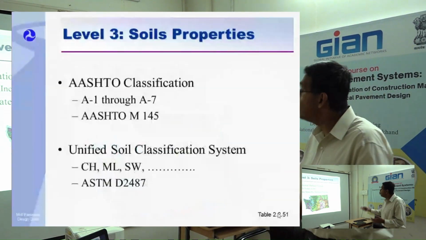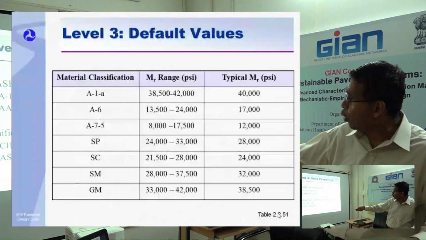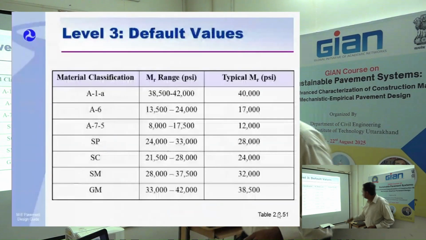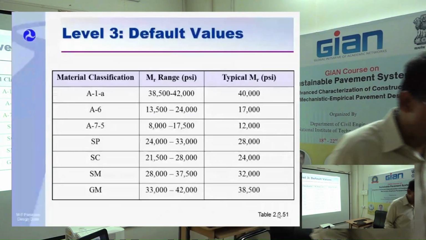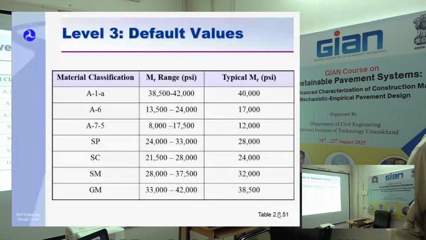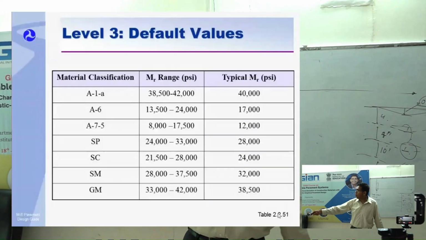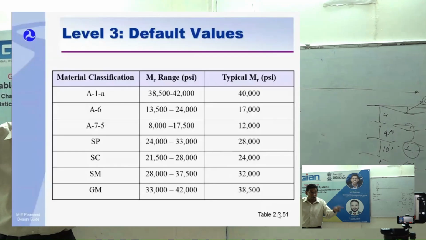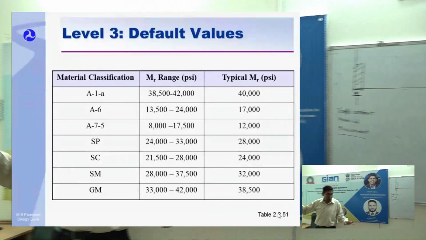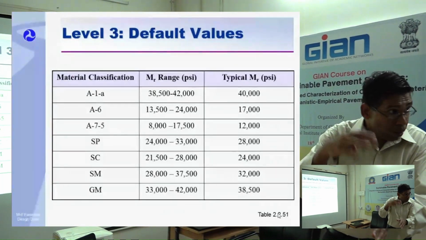You can estimate your A1 through AM, use the soil classification, and get the modulus value. If it's a local road and I don't want to do MR testing, which is very expensive, I can just use this classification. But remember, look at the range, 38 to 45,000, I'll assume 40,000. And at the bottom, 33 to 38,000. If I don't want to test, remember the final value is modulus. E value is the final. Level 1, level 2, level 3, I have to come to E value.